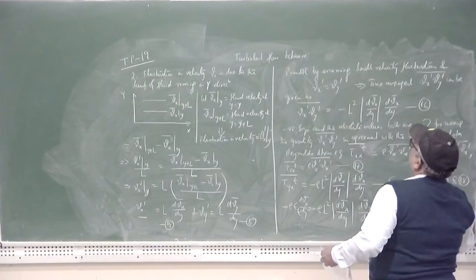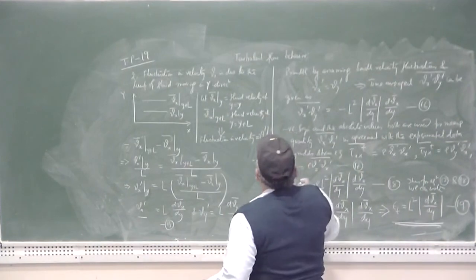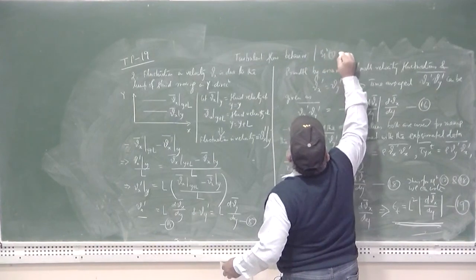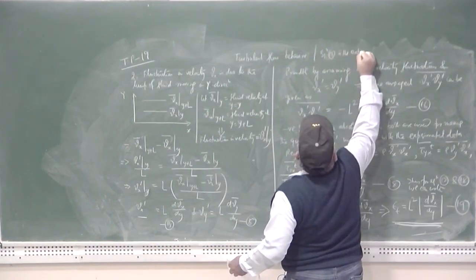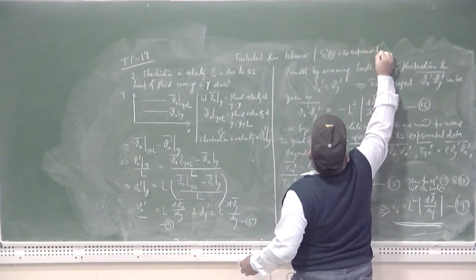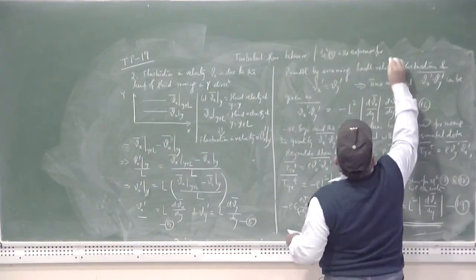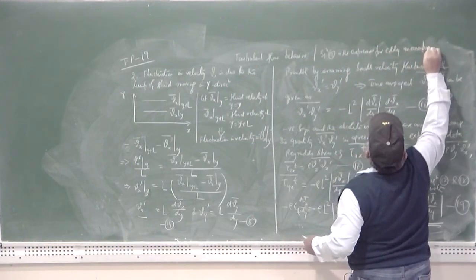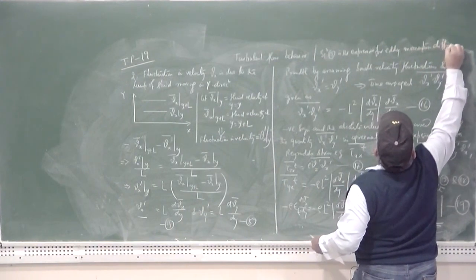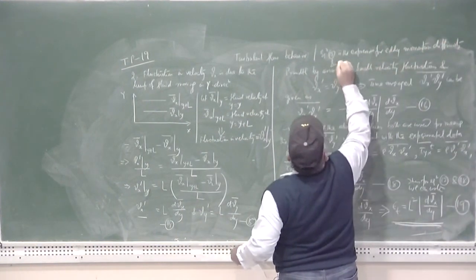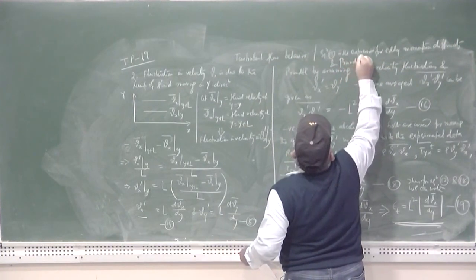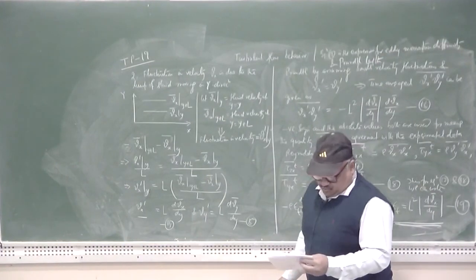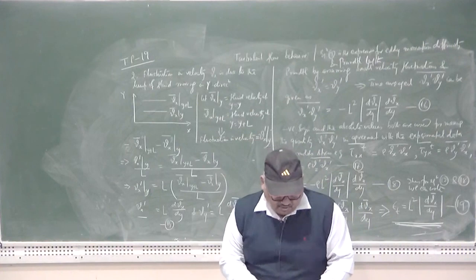You can write here equation number 19, the expression for eddy momentum diffusivity and the Prandtl mixing length. So, this completes your momentum transfer.